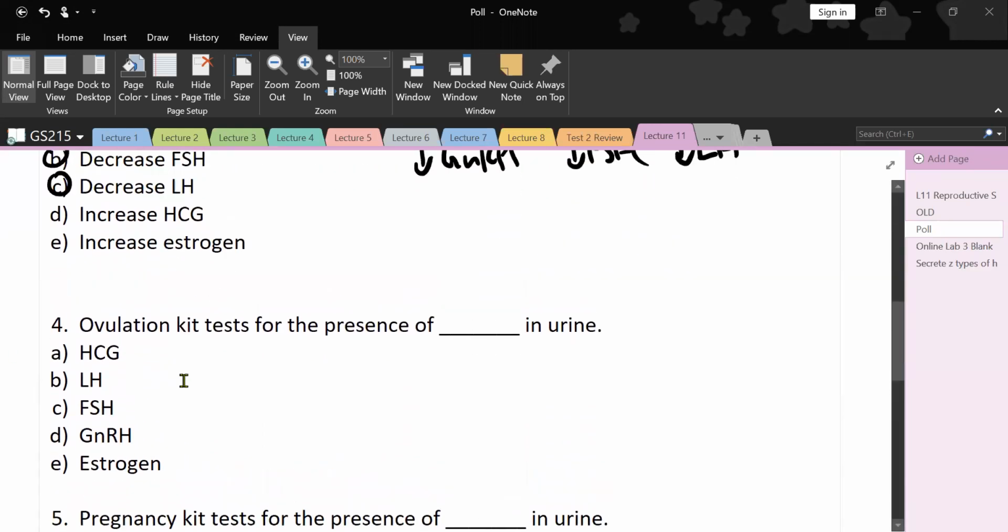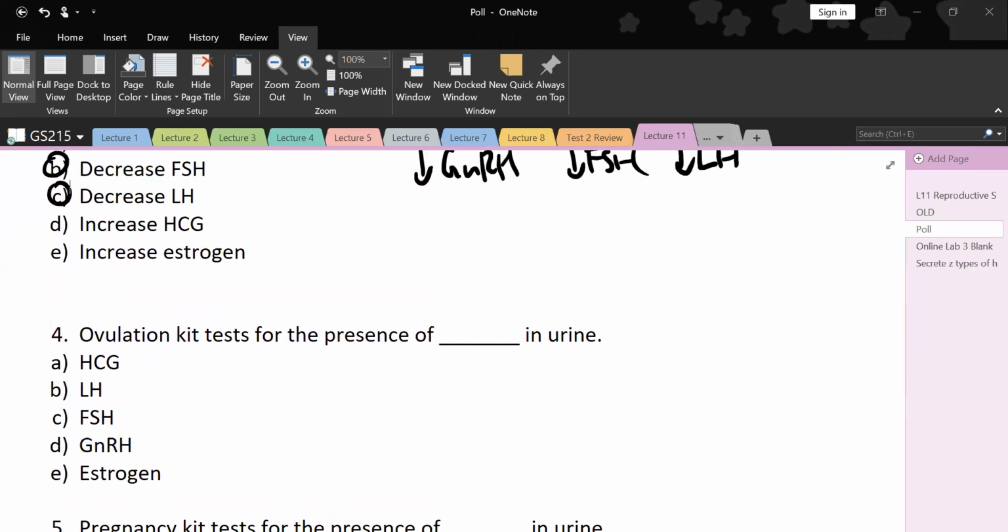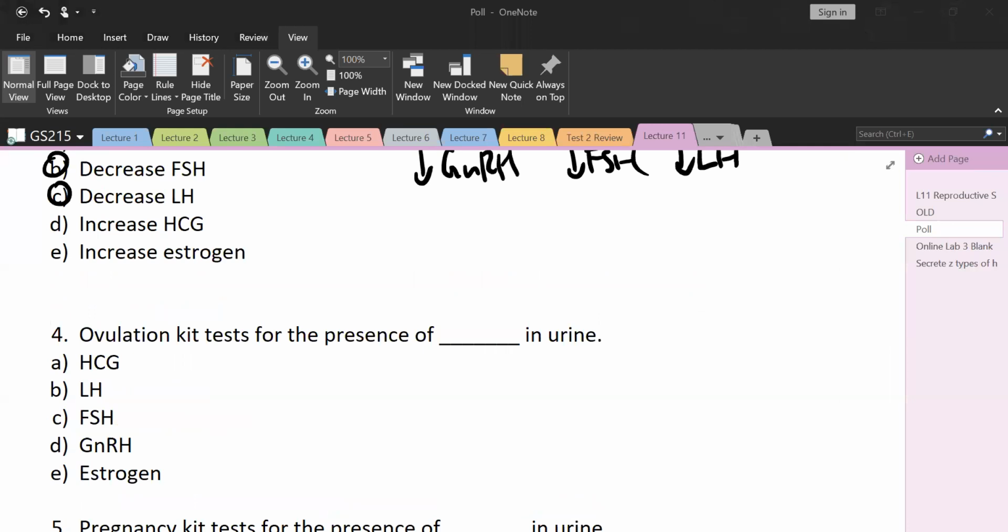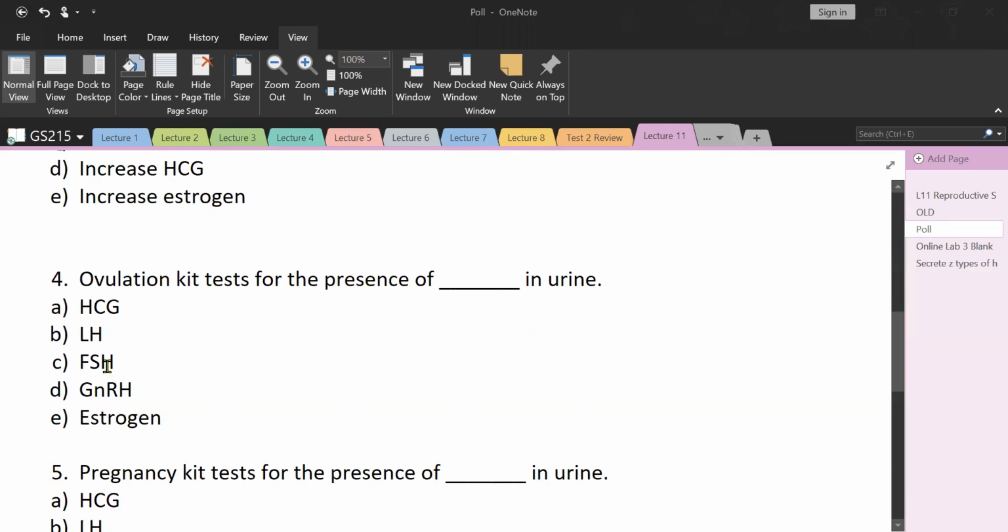What about number 4 right here? Interesting. I think some of you are confusing question 4 and question 5.